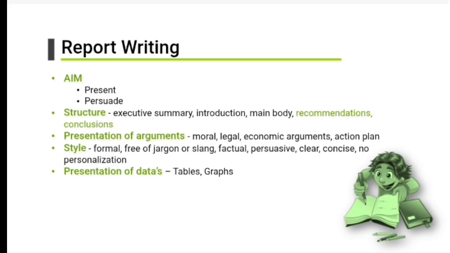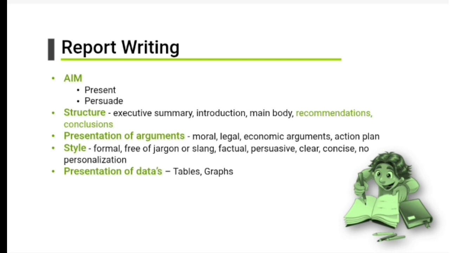A well-crafted inspection report comprises several key components aimed at effectively communicating information and recommendations. The primary aim of the report is to present findings persuasively. To achieve this, the structure is crucial, typically including an executive summary, introduction, main body, recommendations, and conclusions.